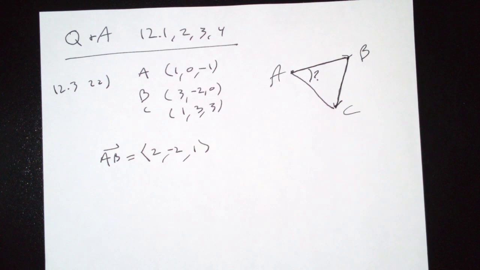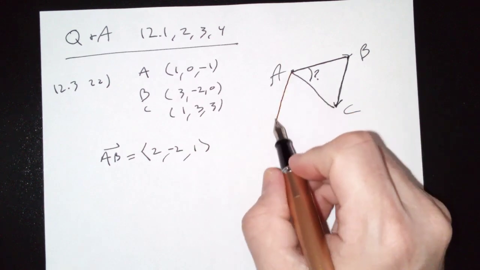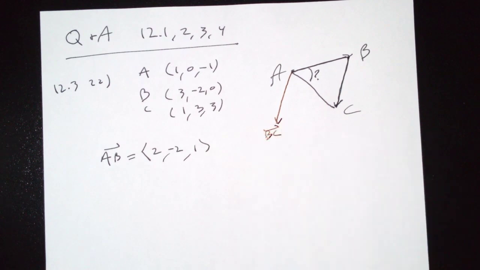If I move BC over, BC is here. That angle's not part of my triangle, is it? So what other vector do I need to be able to find the angle with the question mark?